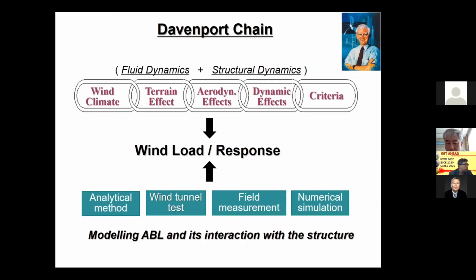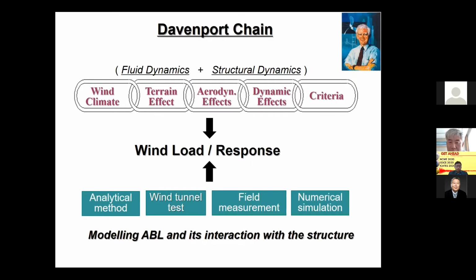But here, usually we have 4 approaches to study wind engineering. The first is the analytical method, and then wind tunnel test, of course, field measurement, and numerical simulations. But this topic will consider the wind tunnel test and the numerical simulations. So in the wind tunnel test or numerical simulation, we have to consider modeling of the atmospheric boundary layer and its interaction with the structures.